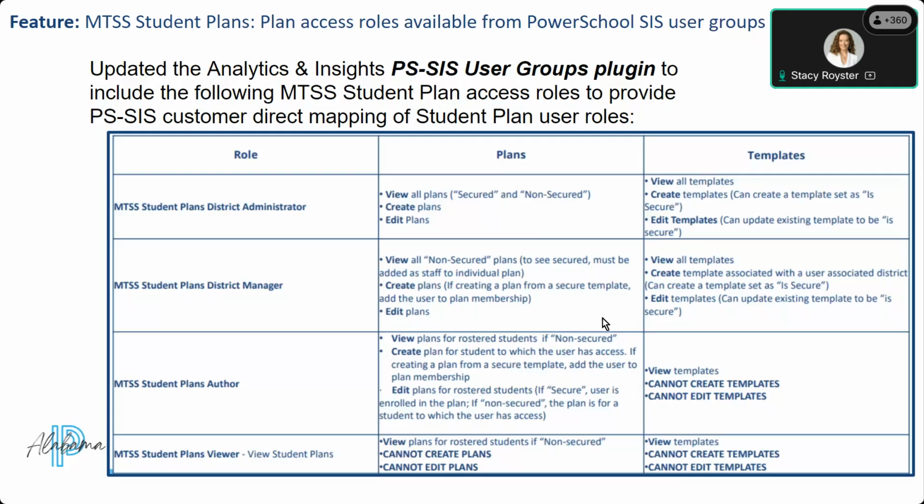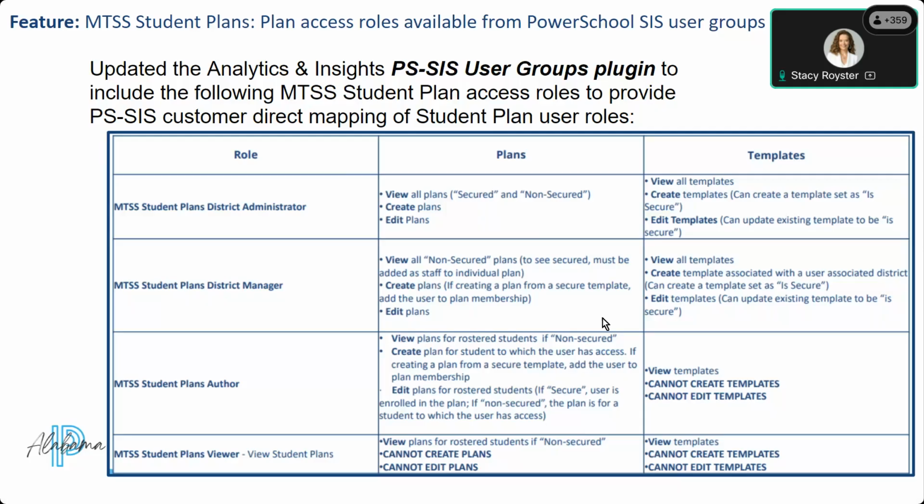So for my SIS admins who are on the call, inside of those user roles where you have your check boxes, there are now additional check boxes specifically for student plan access. Now I'm going to say this. We have not disconnected the access you have set up, so your people still have access, but we will eventually cut off the student plan access that we've built through the UIHN roles, and we will default them to these roles right here.